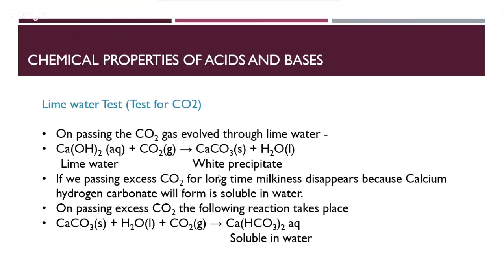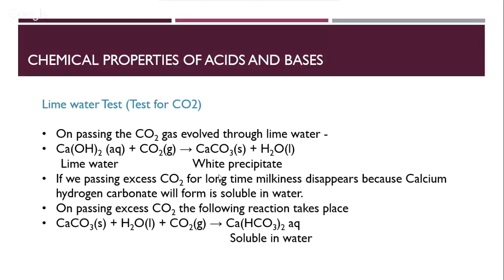And then you have a test through which you can recognize CO2 that is coming out of the solution. The lime water test essentially is CO2 is passed through calcium hydroxide water, which is nothing but lime water, and this turns the calcium hydroxide into a white precipitate or milky because of the formation of CaCO3.